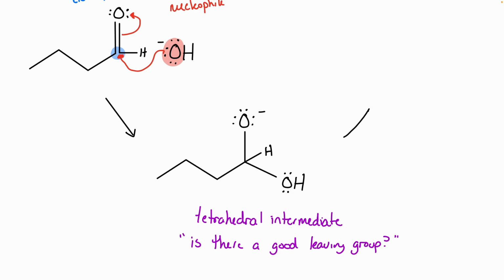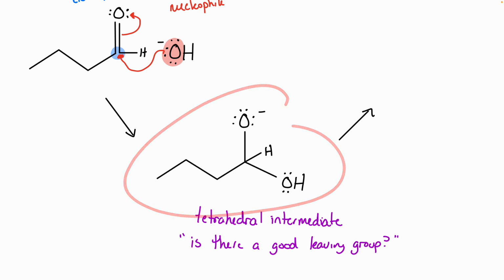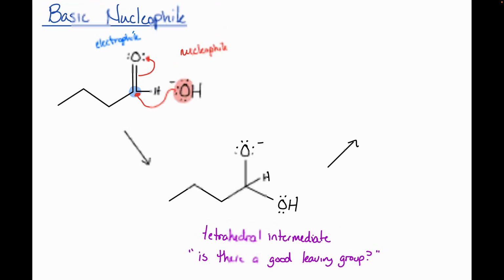What we're going to do now is one last proton transfer step. Notice this is a very similar intermediate to what we saw in our Grignard reactions. In your Grignard reactions, you have that follow-up step of that acidic workup. Here we're just going to have in our reaction mixture a proton donor. If I'm going to use this basic nucleophile hydroxide, what's going to have to be my proton donor in this reaction?